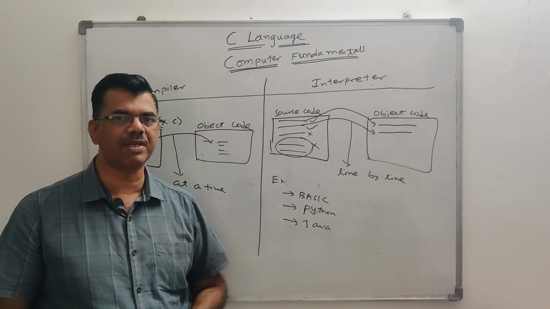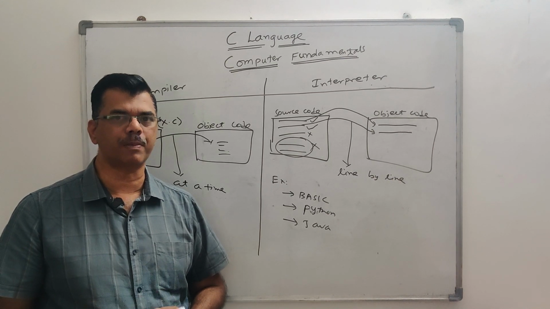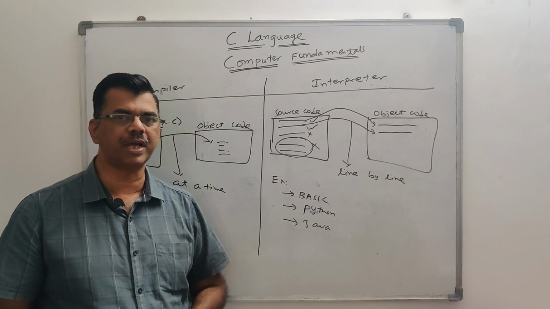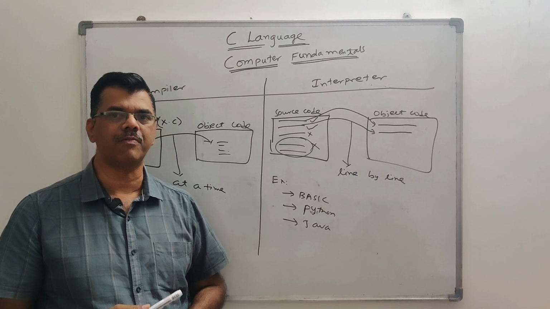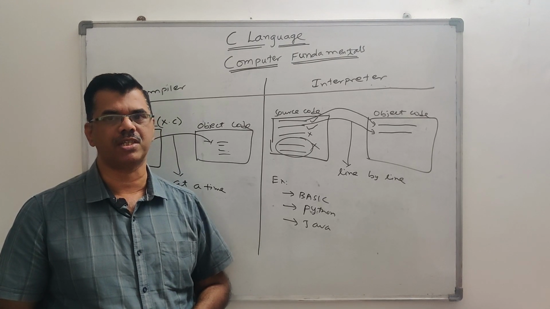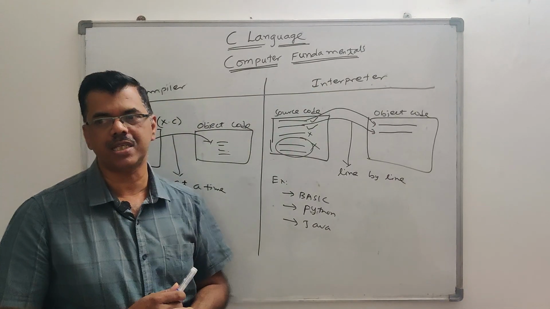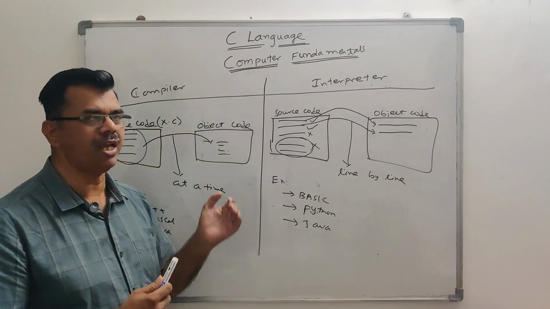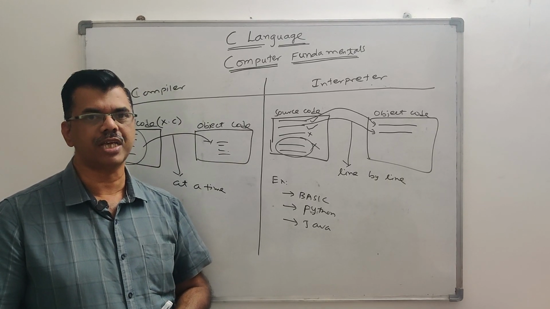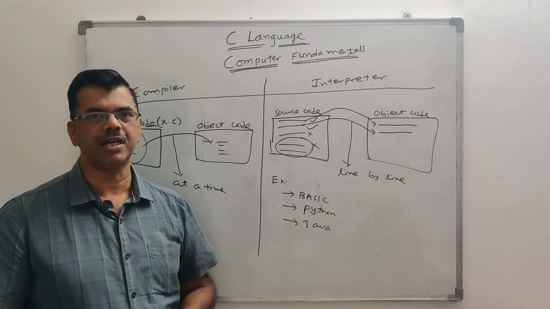Low level language is used to develop system software, high level language is used to develop application software, whereas C is used to develop both system software and application software. That's the reason C is also known as a middle level language. Finally, we discussed what is a compiler and what is an interpreter. This is very important. In the next session, we'll start off with C introduction, that is the history of C language.